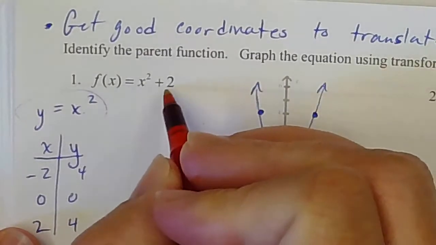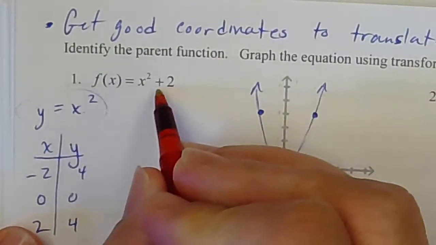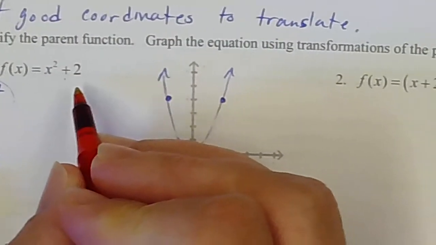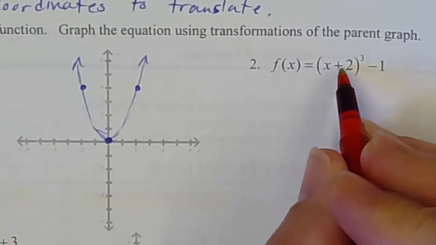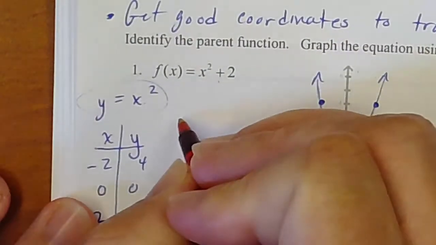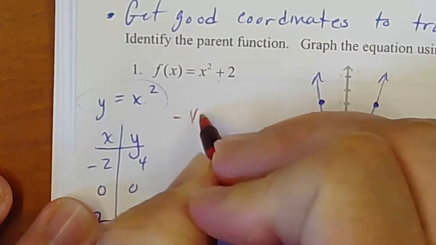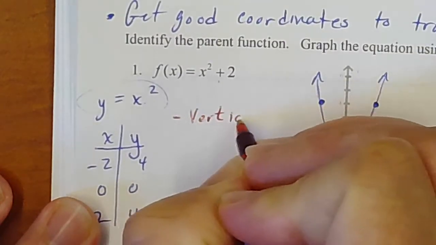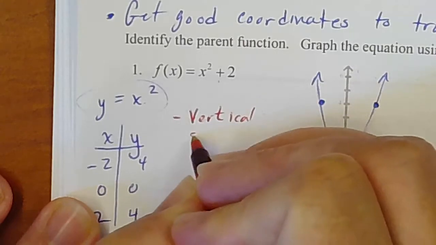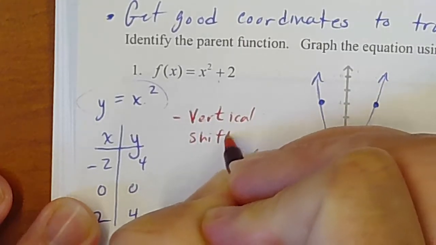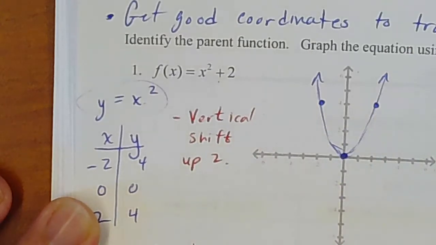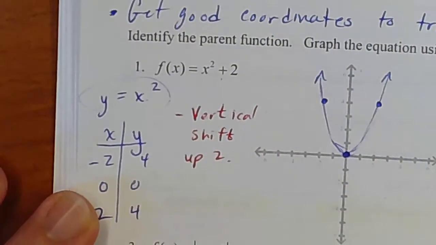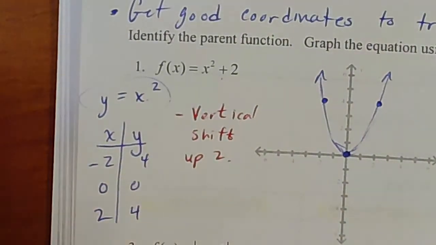And then this plus 2, we got to recognize this as being on the outside of the function, not the inside. If it was the inside, we'd see something like this on number 2. That's inside. This is outside. So we need to realize that this is going to be a vertical shift up 2. And this is rigid. It's not going to change the shape.